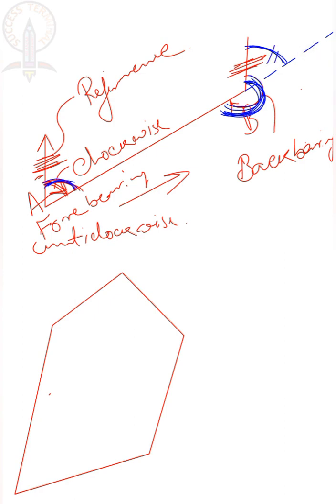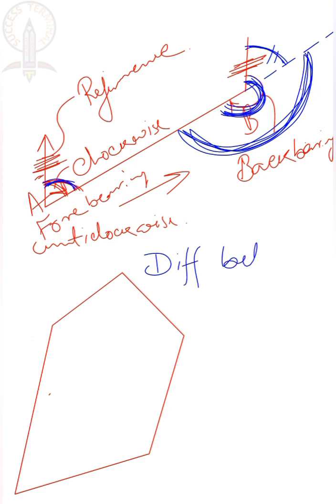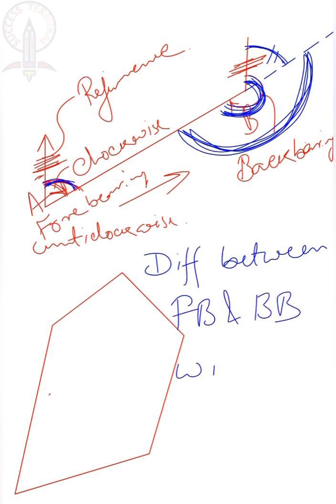What is the difference? This will be the difference. See, this is a straight line, na? Therefore, the difference between forward bearing and back bearing will be 180 degrees.